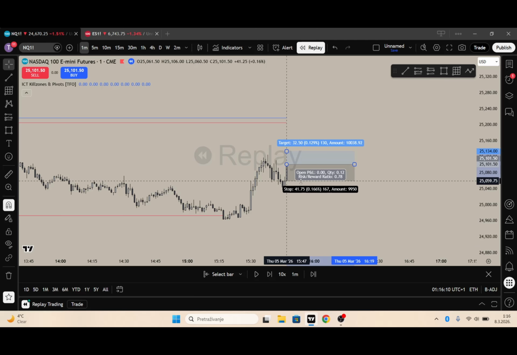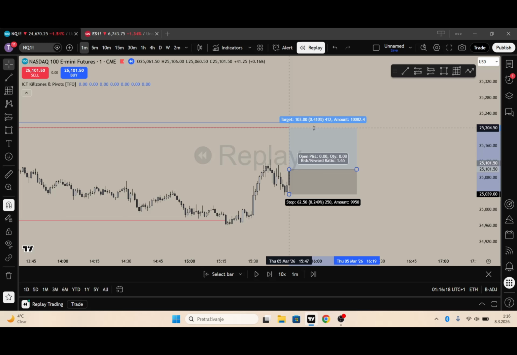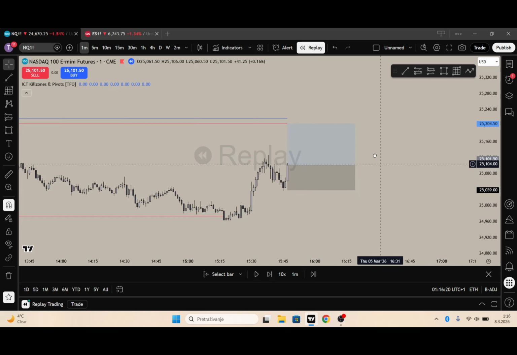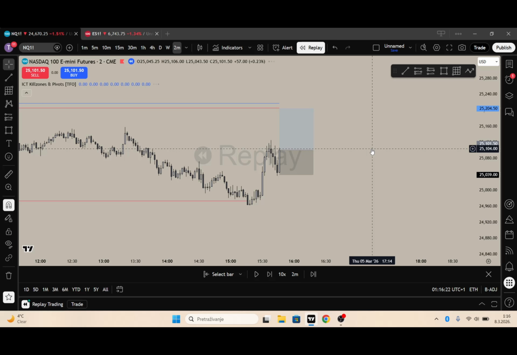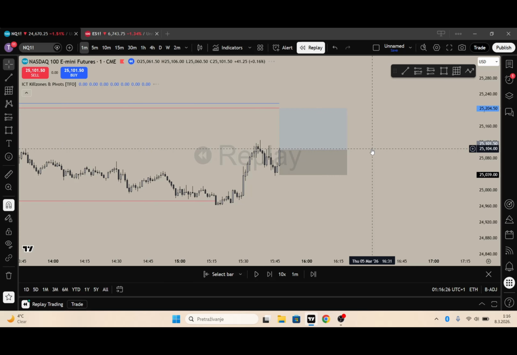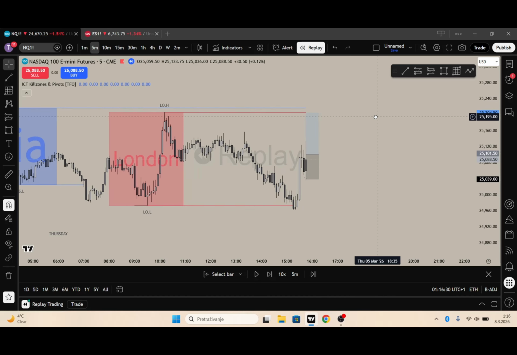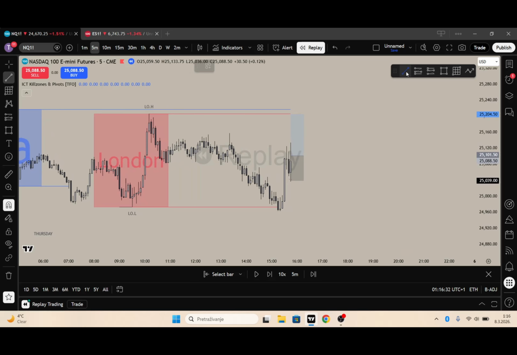Stop was below this wick, and I was targeting the highs. Not a big stop loss, pretty good risk, and my target was the London highs, and my break-even point was this gap over here.